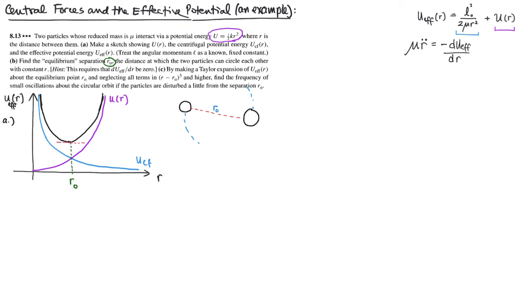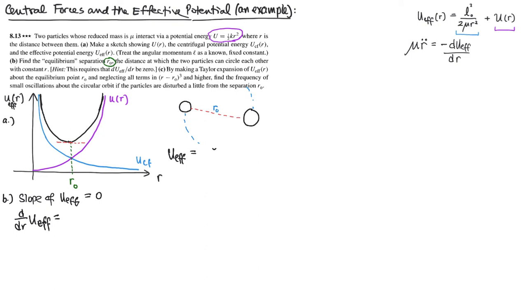And we're going to look for that value of r naught. Well, of course, that r naught corresponds to the place where the effective potential is flat. So in part B, we want to find the slope of U effective equal to 0. That's our condition. So we need to compute the derivative with respect to r of the effective potential. So what is the effective potential for this problem?